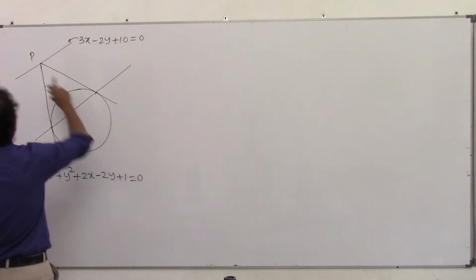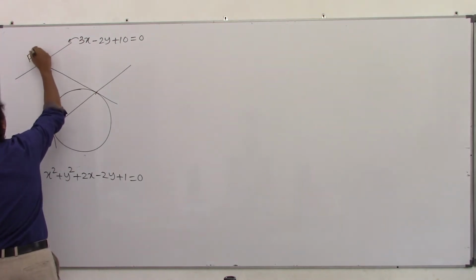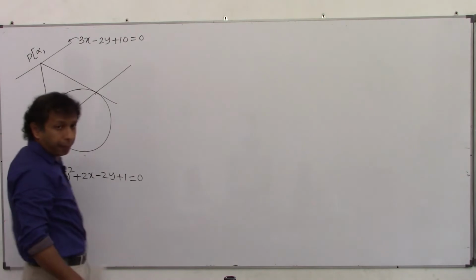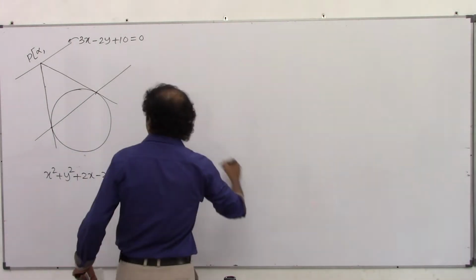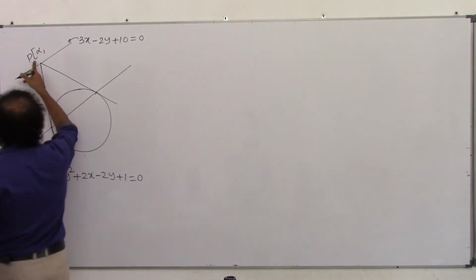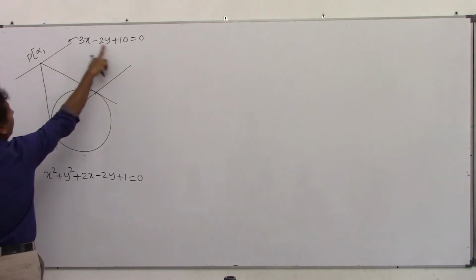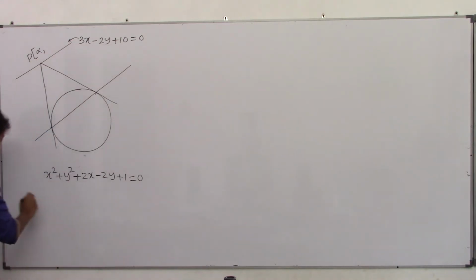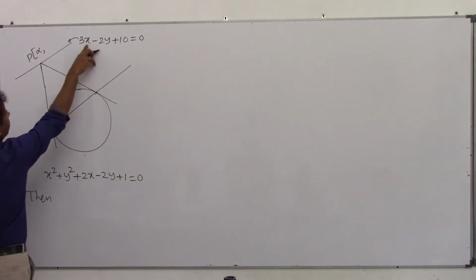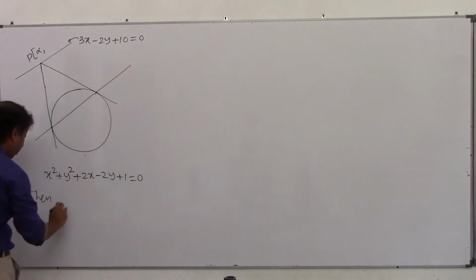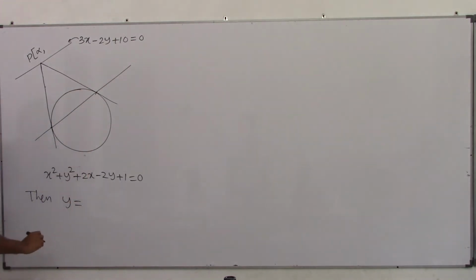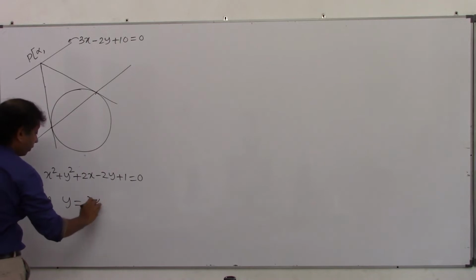I am going to take the x coordinate of the point P as alpha. Then putting that alpha here, I can find y. Subjecting y, we get y equals (3 alpha plus 10) by 2.